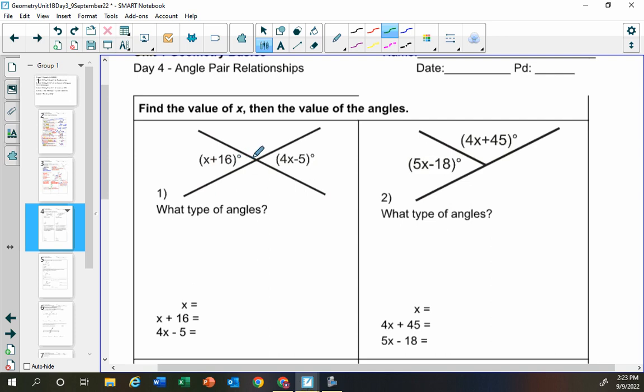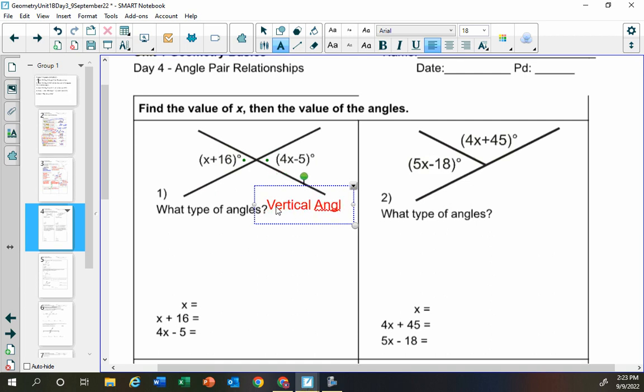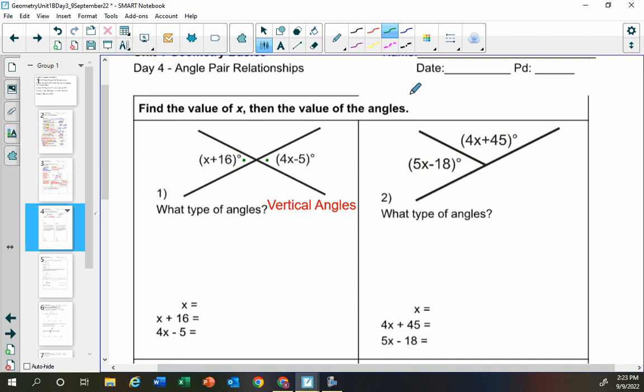What type of angles do we have here? They're vertical. So that's step number 1, because that's going to help us. Vertical angles. What do we know about the relationship between these two angles? If they're vertical, they are the same. You're right. Richard's right. They're the same.